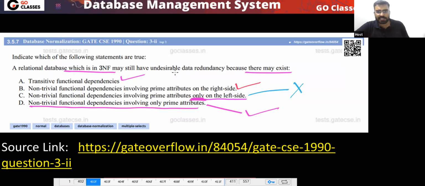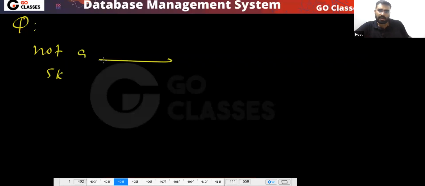Why are you getting undesirable redundancy? Because of this situation, like let's assume candidate key, or maybe you can take this, not a super key implies prime attribute.